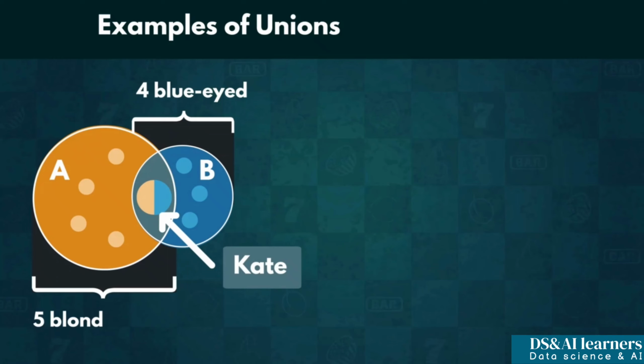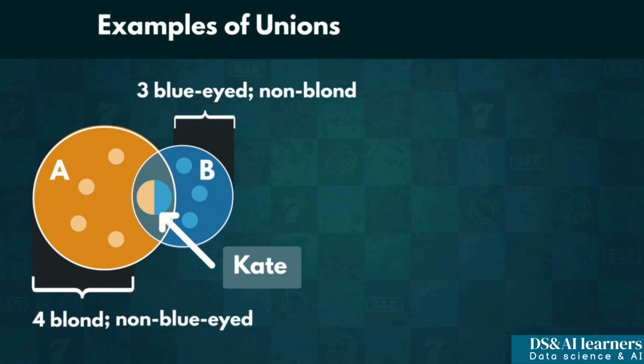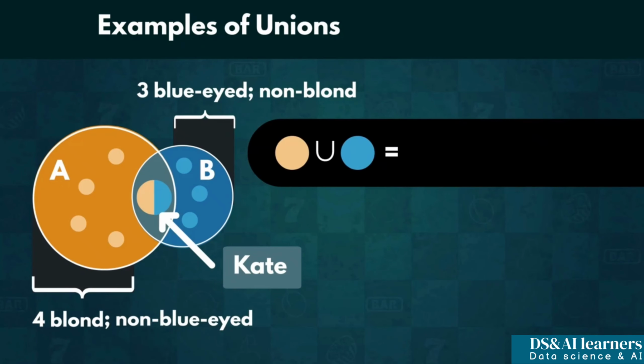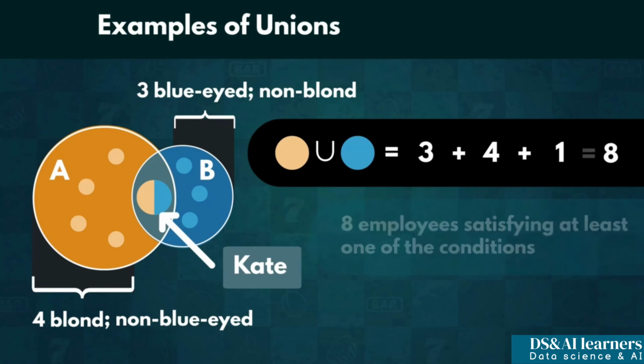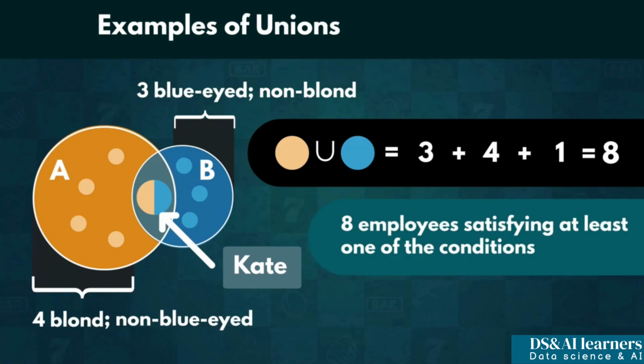Therefore, there are only 3 non-blonde people with blue eyes and 4 blonde people with non-blue eyes. Thus, the union of blonde and blue-eyed colleagues is the sum of people who have precisely one of the two features, as well as Kate, who has both. Mathematically, this result is 3 plus 4 plus 1, or 8 employees satisfying at least one of the conditions.